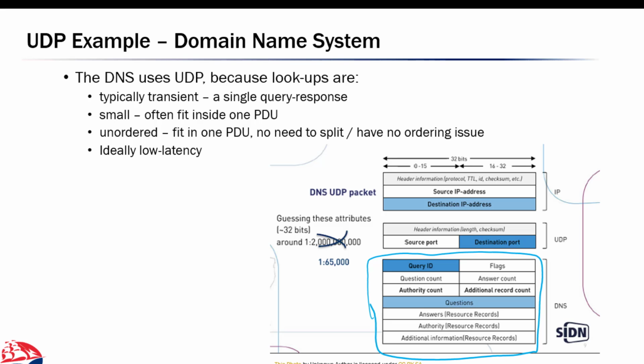And so there's no need to have multiple PDUs. What happens is your DNS server sends one PDU to the remote DNS server. The DNS server responds with one PDU back. There's no ordering problem because everything fits into one PDU.